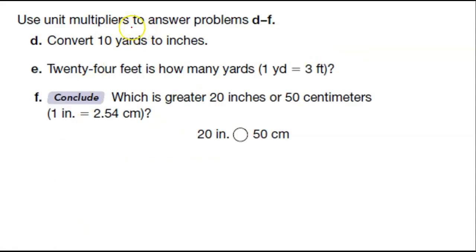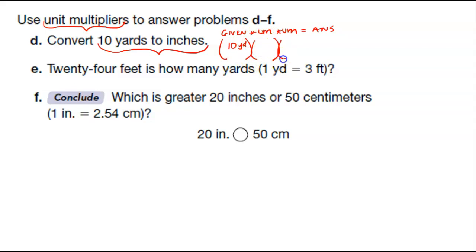Okay, so now we're going to start getting into that given times unit multiplier. So it says convert 10 yards to inches. So given times unit multiplier equals answer. So I'm given 10 yards. I need to plug in some unit multipliers. And then my answer needs to be in inches.